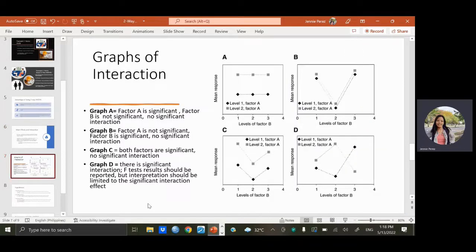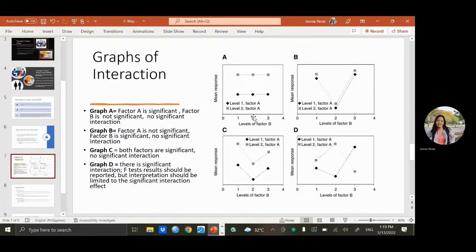Now, based on the graph of mean scores, we can plot, we can see if there would be interaction of effects based on graphs of mean scores. I have here a picture of 4 different graphs showing different scenarios of results from an analysis of variance, two-way analysis of variance.